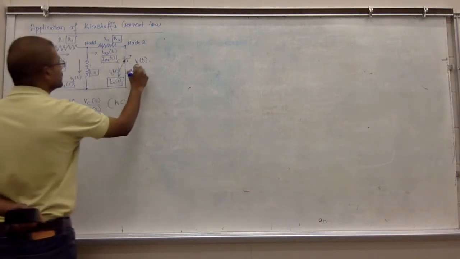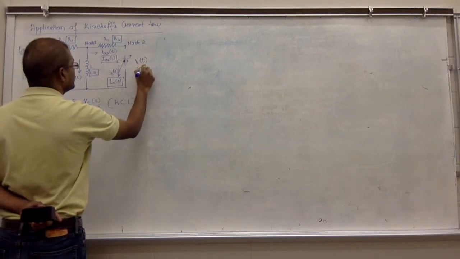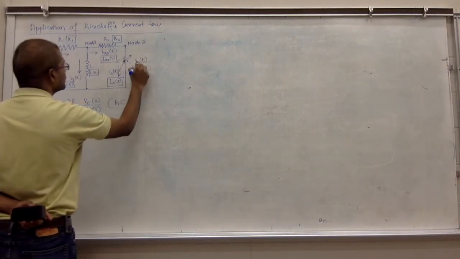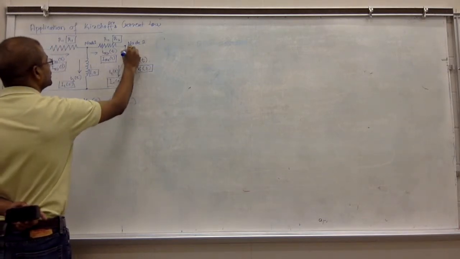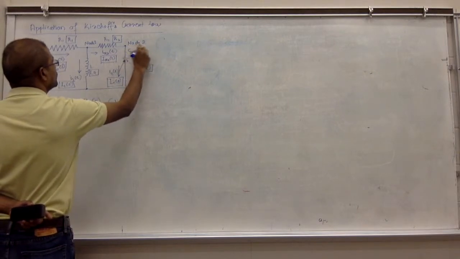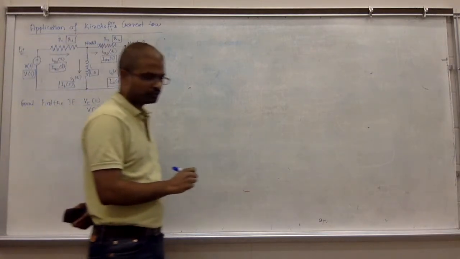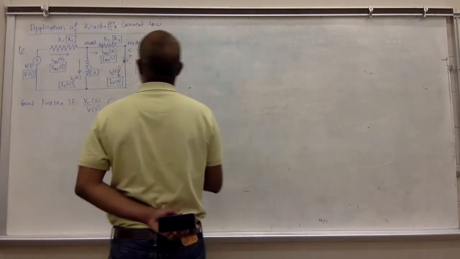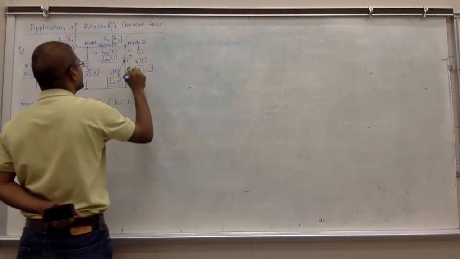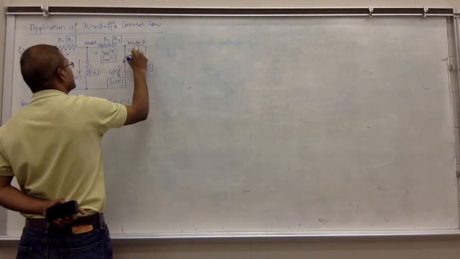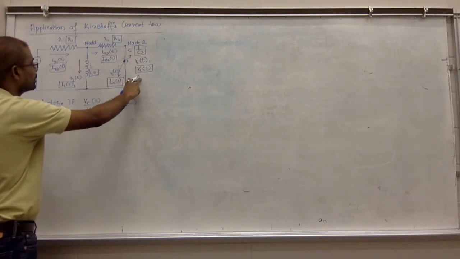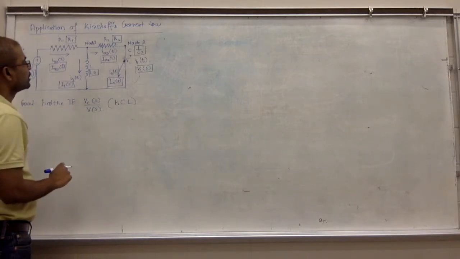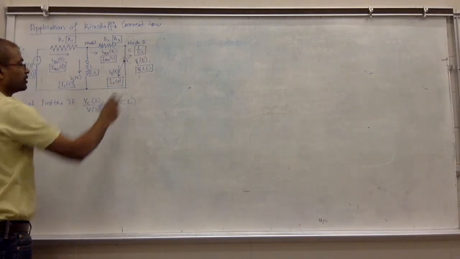This one is VC of S, and the impedance is 1 over Cs, where this is C. There is nothing extra here.